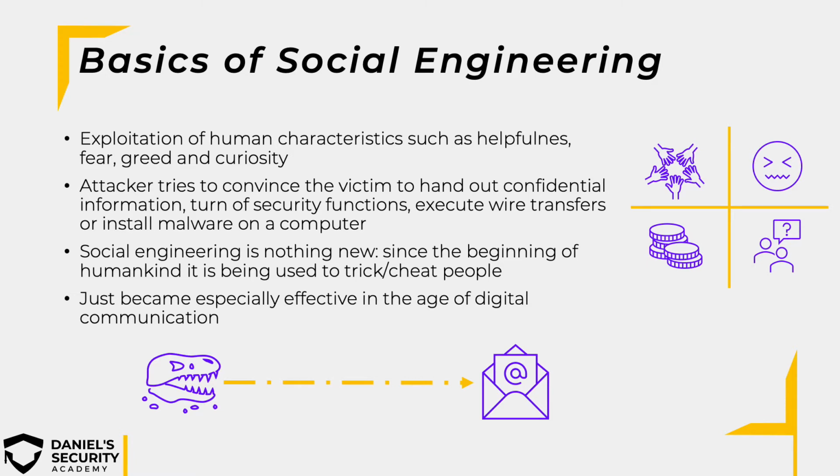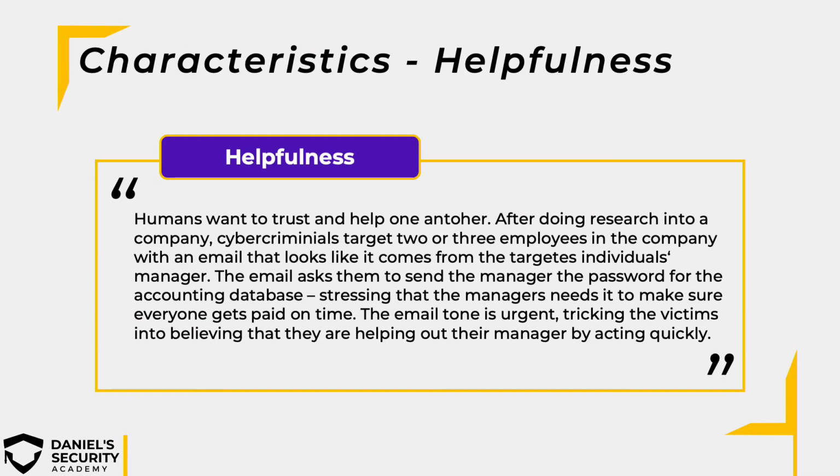Let's go into the characteristics one by one. There are 5 in total, and we'll start off with helpfulness. I will read out the example and a little information before the example to demonstrate what helpfulness means in terms of social engineering characteristics. Humans want to trust and help one another.